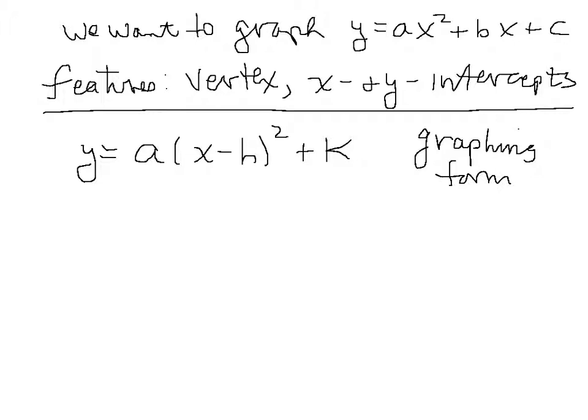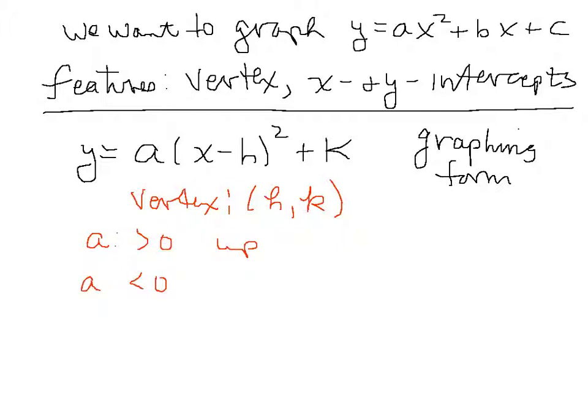And when it's in graphing form, we know a couple of things. We know that the vertex is going to be h comma k. And a, well, if a is greater than 0, it opens up. If a is less than 0, it opens down.